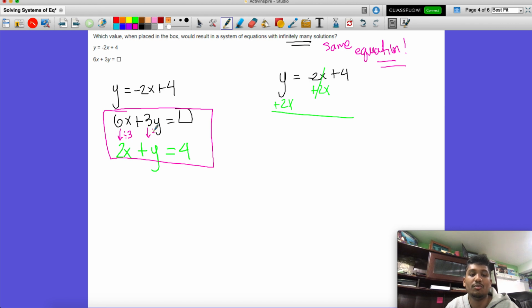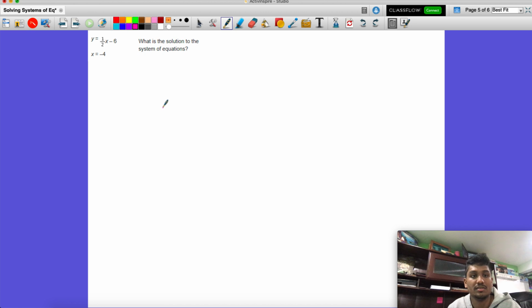Same thing here. If we attach that same division rule, 3 divided by 3 is 1. From here, whatever number that is, divided by 3 is 4, but going backwards, you'd have to multiply by 3. So this should be 12. All right, let's keep on going with this.